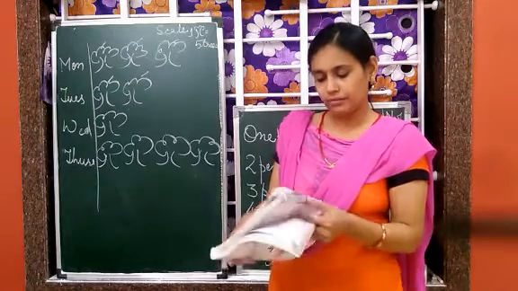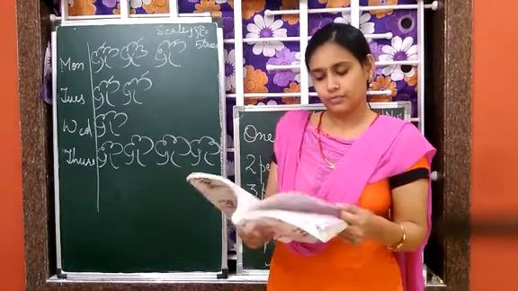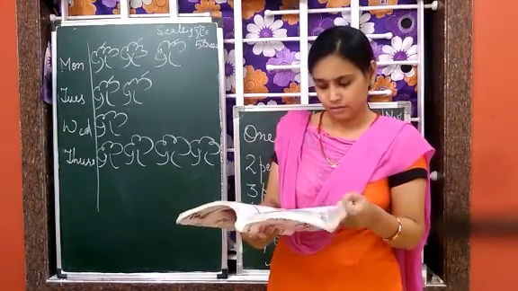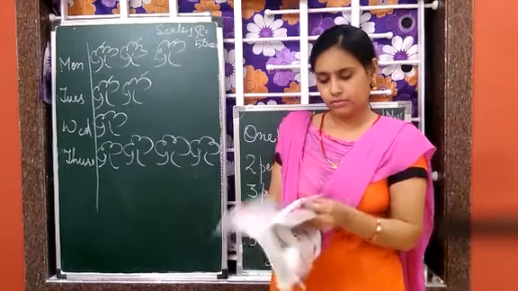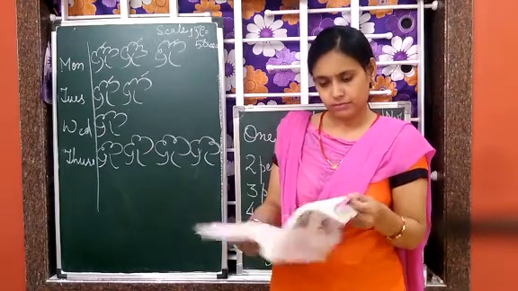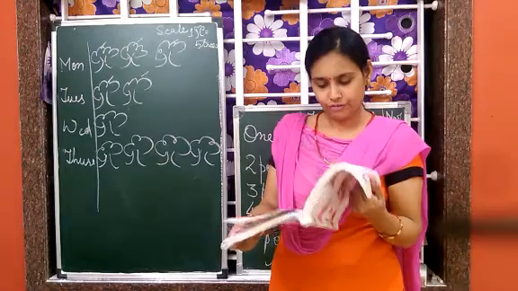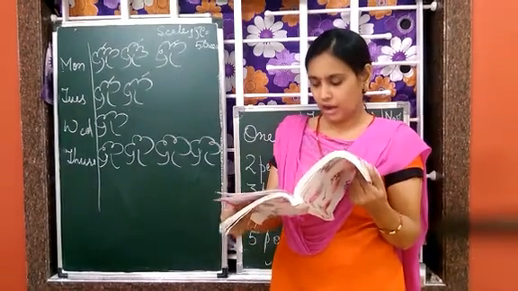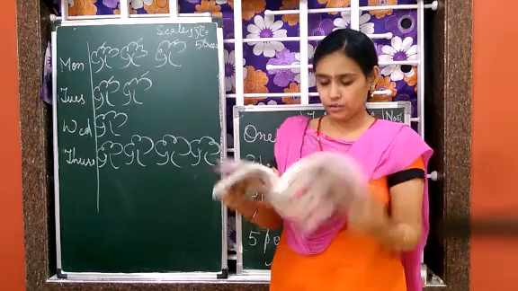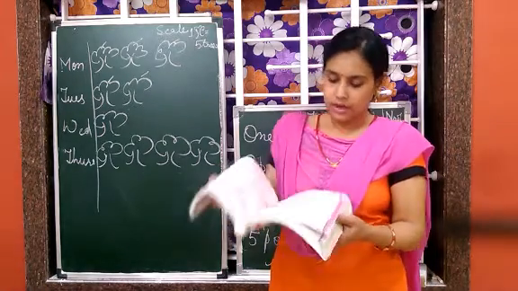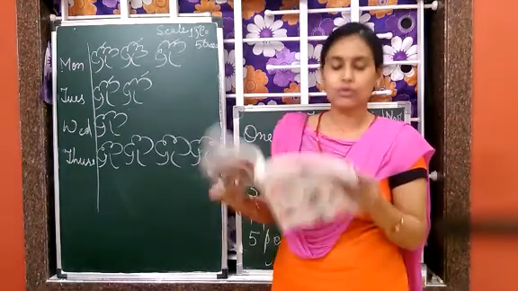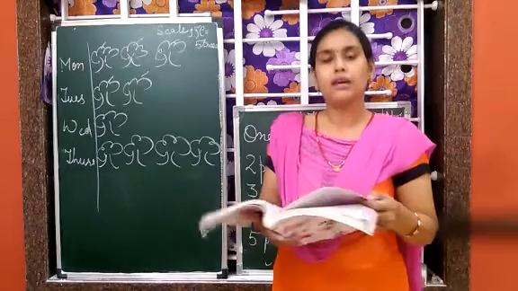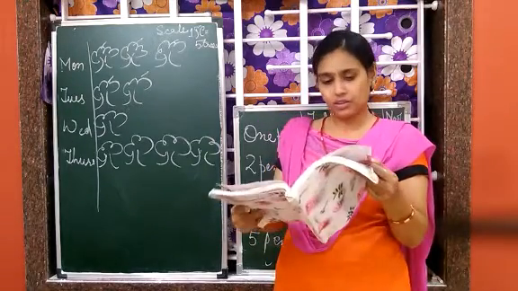Interpretation of pictograph: there are 4 to 5, 6 examples, children, of pictograph. Okay, how to answer the questions given in the pictograph. We'll go ahead now. We are going to do exercise 9.1, but I would like to give you this homework, children.